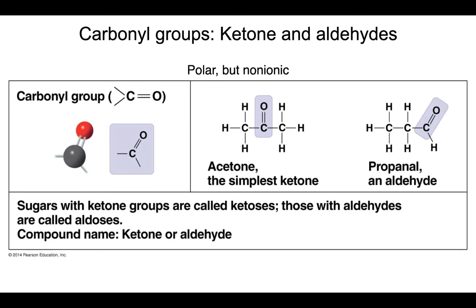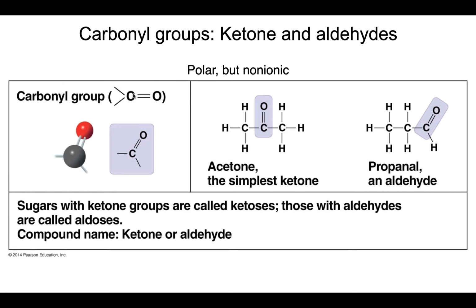Okay, next we have carbonyl groups. These are a little bit complex because we have two flavors. We've got a ketone and we have aldehydes. Okay, regardless of whether we're looking at ketones or aldehydes, what a carbonyl is, it is a carbon within our hydrocarbon molecule that is double bonded to an oxygen.